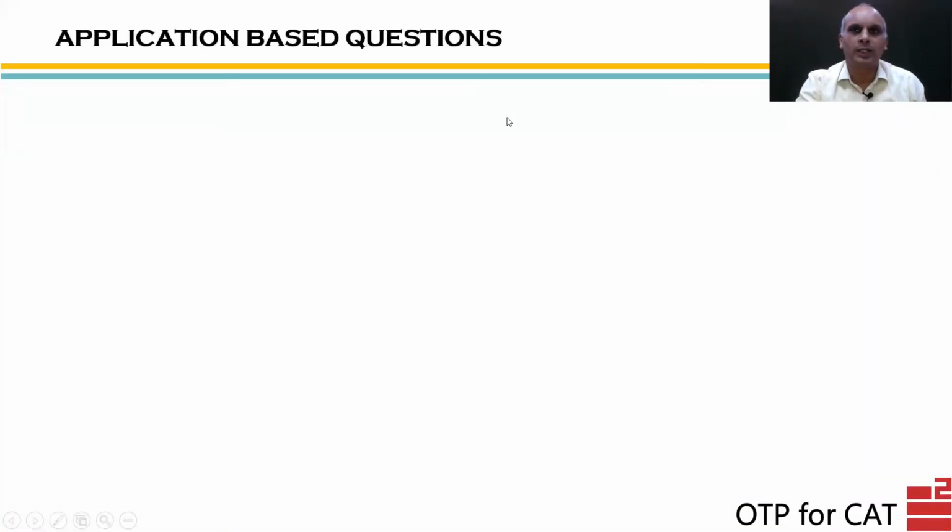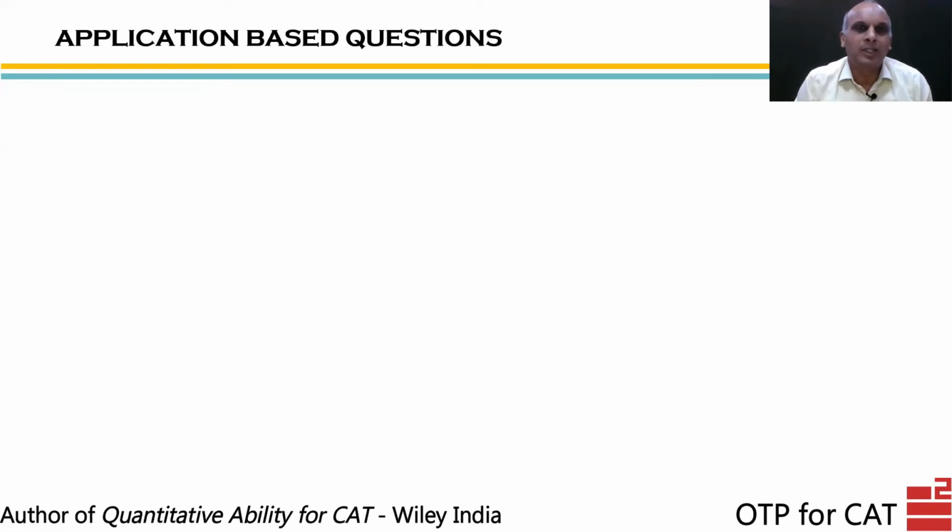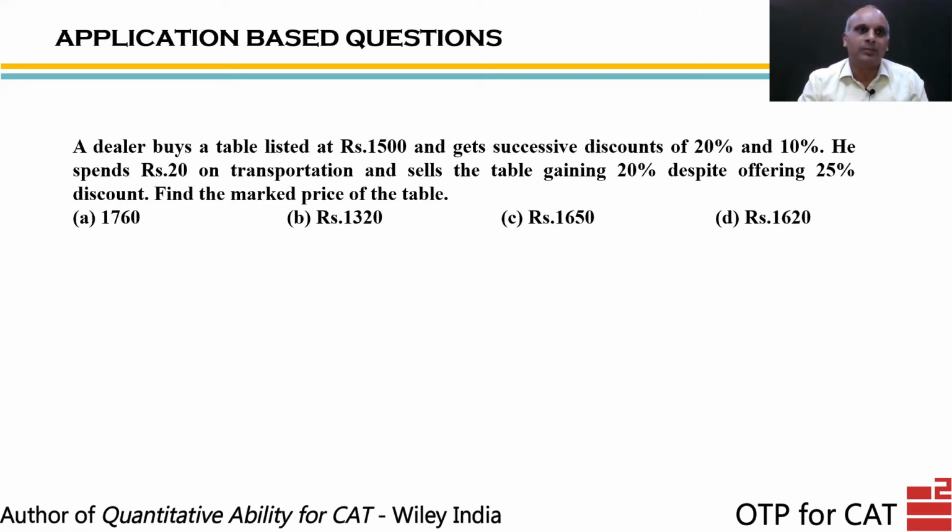Let us now focus our attention on application-based problems, having learned the concepts of this topic of profit, loss, and discount. Let us take one example. In this question, a dealer buys a table listed at rupees 1500 and he gets successive discounts of 20% and 10%.